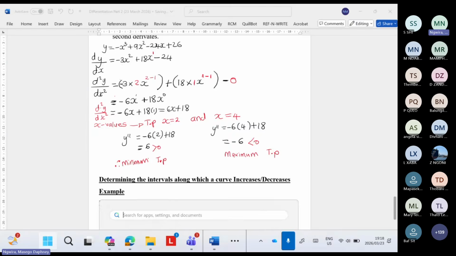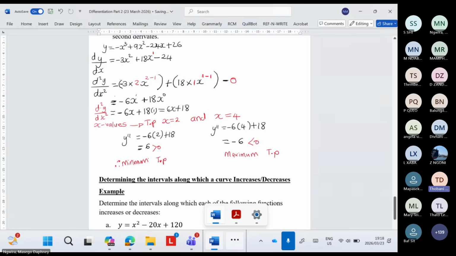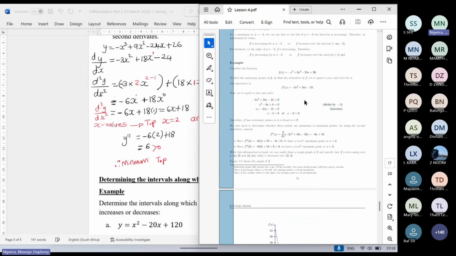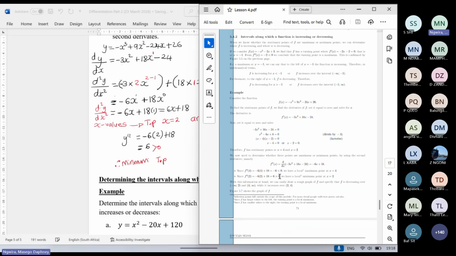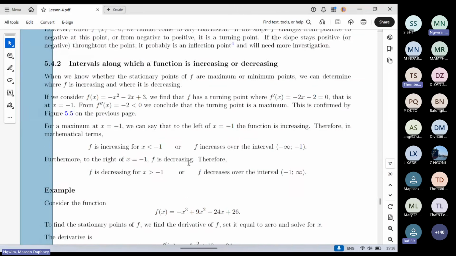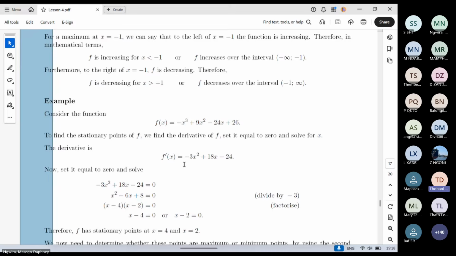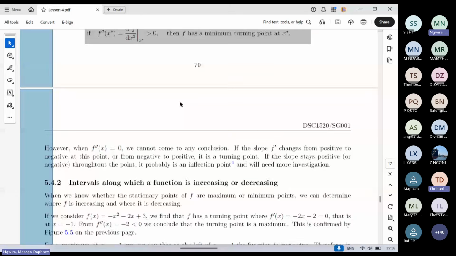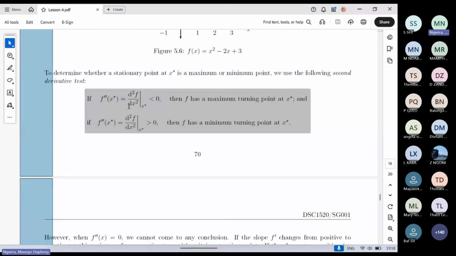Okay, let me see my study guide. Okay, here it is. You see, the study guide says that for the second derivative, if your answer is less than 0, then it's a maximum.